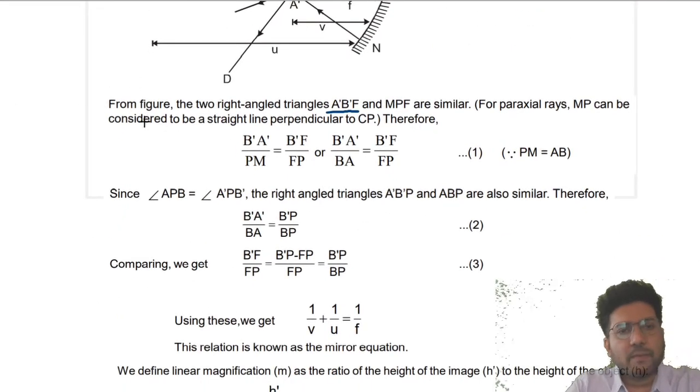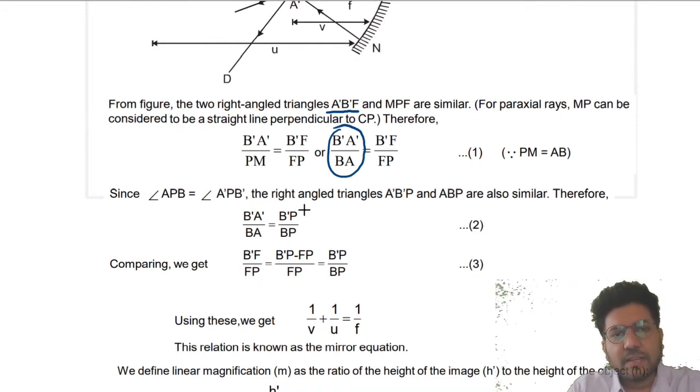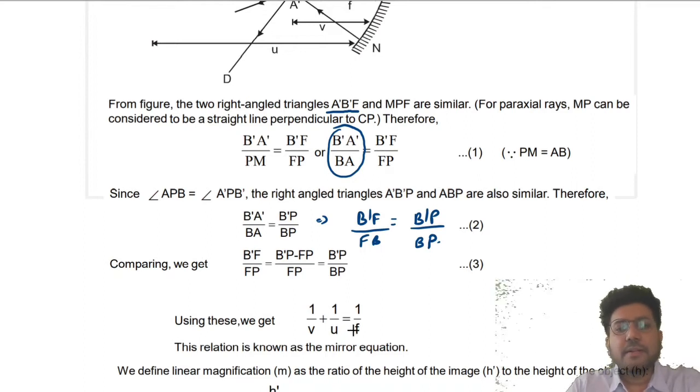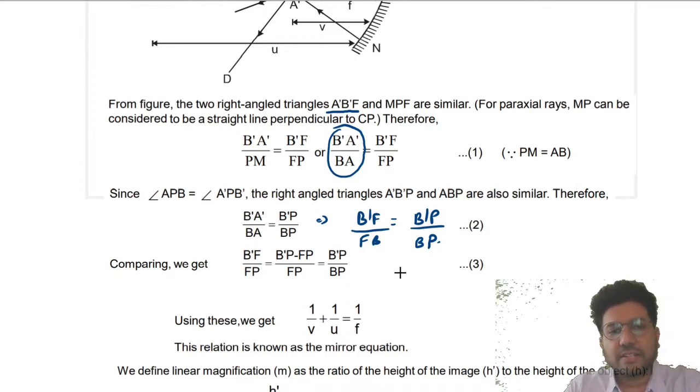Now when you compare 1 and 2, A dash B dash by AB is the same, so you will write B dash F by FP is equal to B dash P by BP. This is the third relation.